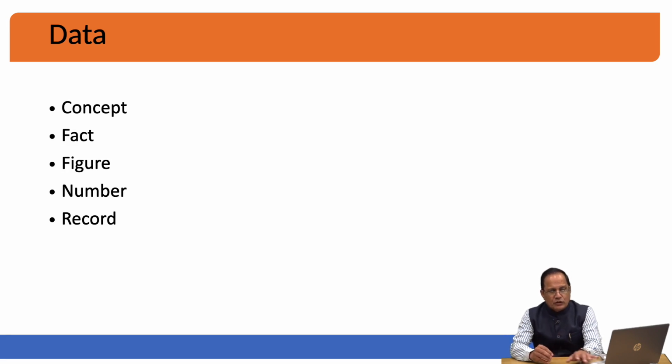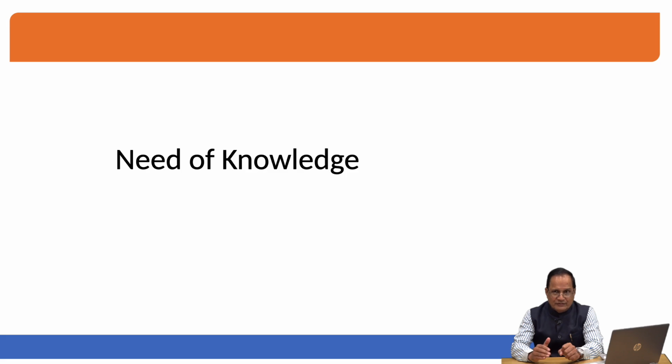And then if information is usable, it will become knowledge. So, this is the process of conversion of data into knowledge, or in other words, the method of data collection will help us to collect the data.